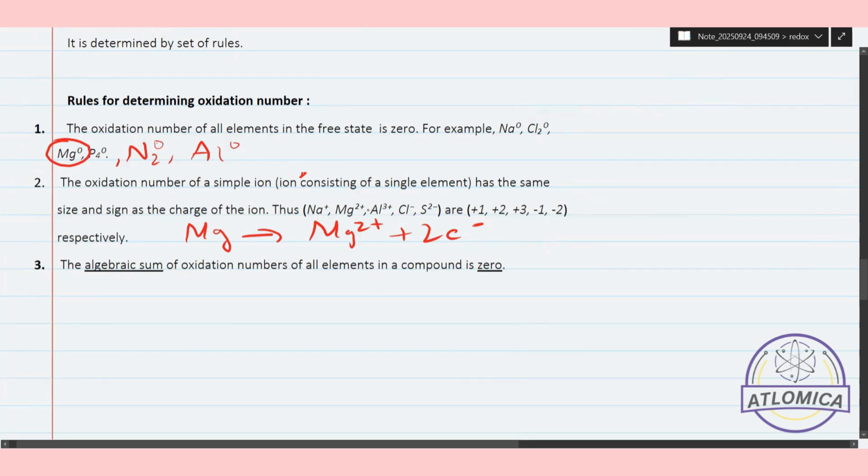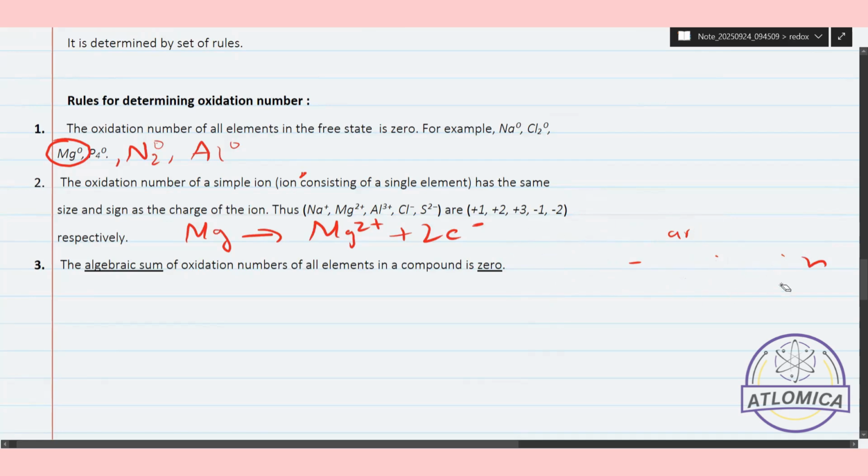The 2+ ionic charge on magnesium is the same as the oxidation number, which is also +2.